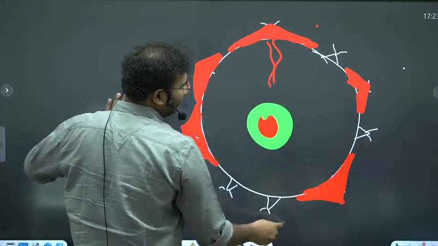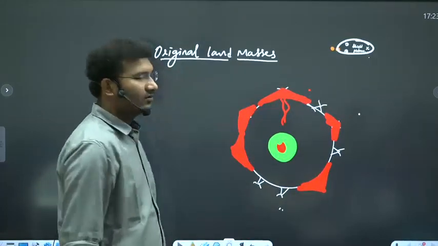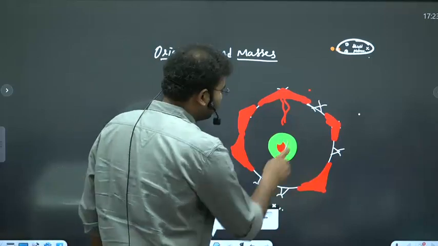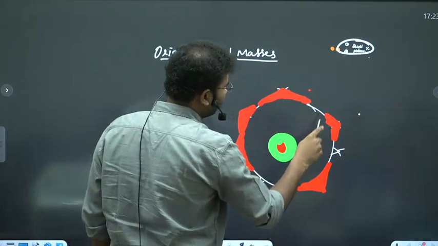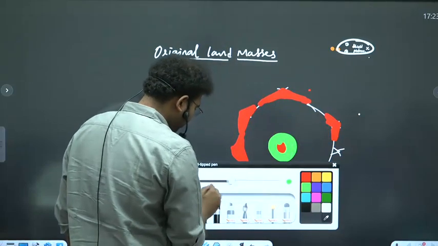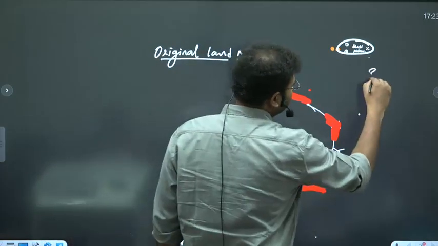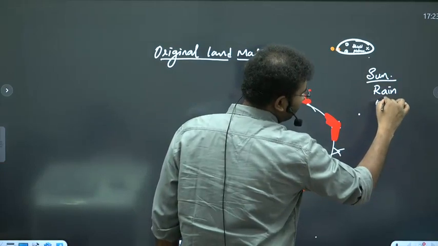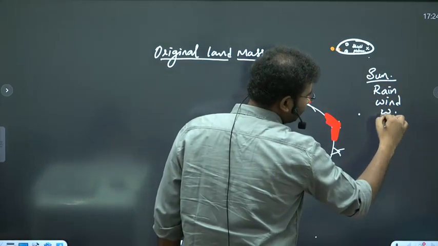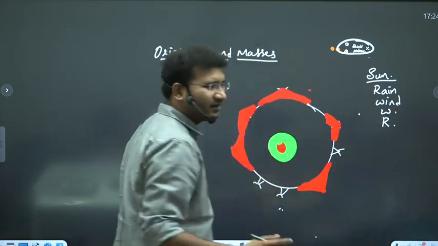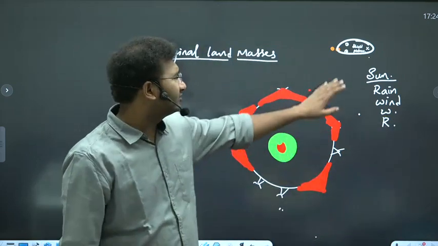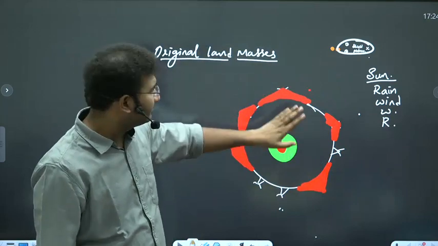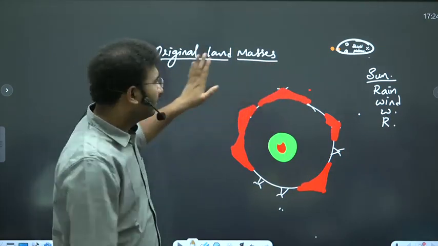This is the material. Now, after that, what happened is that due to the exogenetic factors. Now, what do you mean by exogenetic factors? Exogenetic factors means sun, rain, wind, water, rivers, etc. All the exogenetic factors, they started to act on these landforms. That means this is the original landform that is formed.